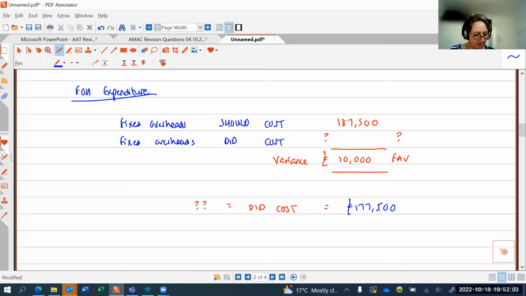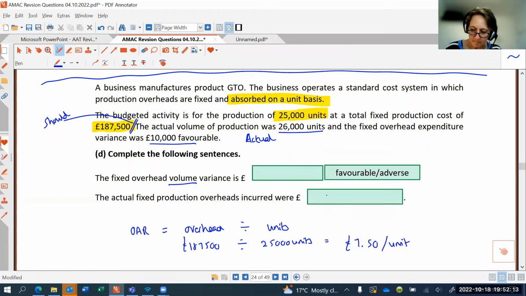So that is our fixed overhead expenditure. That is what we did actually spend, what we incurred. So that's the answer to that part there. 177,500.